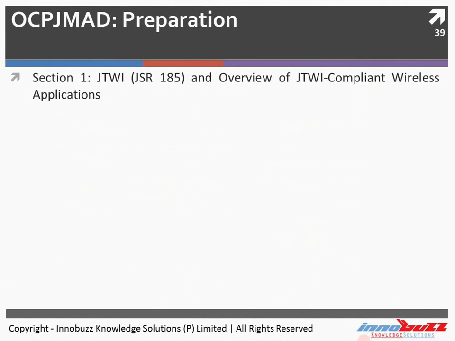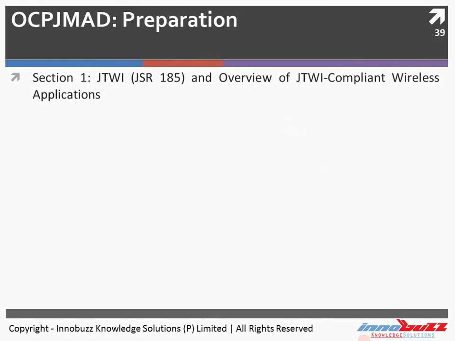The preparation required for it. In section 1 you have JTWI and an overview of it, having all the details necessary for it, like characteristics of the JTWI specification, which includes all the required specifications and minimum configuration, and also developing portable applications that are compatible with requirements and restrictions.